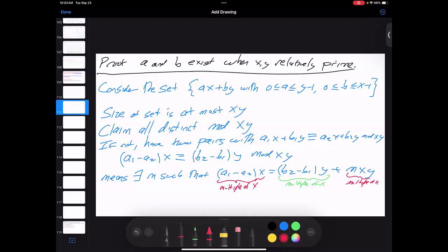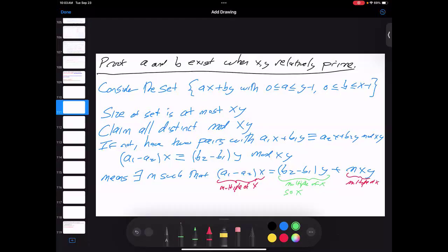And I'm assuming that there's no factors in common between x and y, they're relatively prime. So if 2 divides x, 2 can't divide y, so what does 2 have to divide? b2 minus b1. 3, if 3 divides x, it doesn't divide y, what does it have to divide? b2 minus b1. So what does x have to divide? So x divides b2 minus b1.